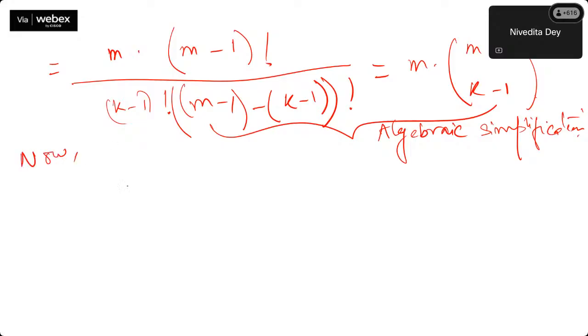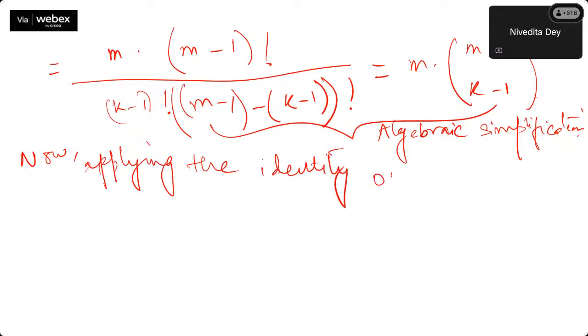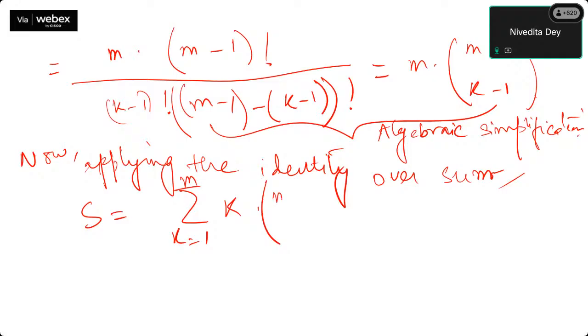Now applying the identity over the summation s equals sigma k equal to 1 to m, k into mCk, which is sigma k equal to 1 to m, m into m minus 1 choose k minus 1.